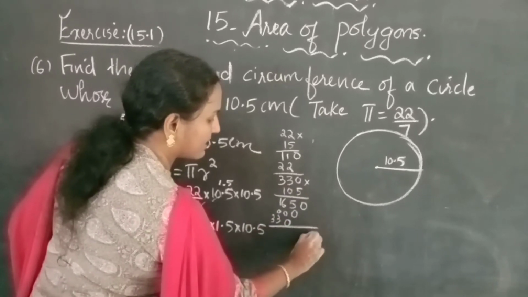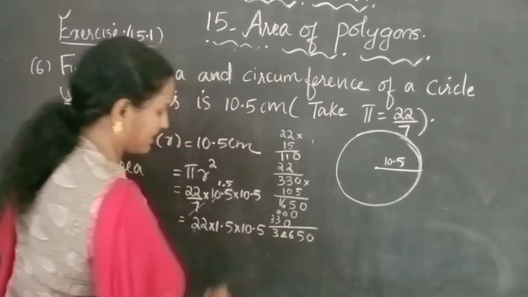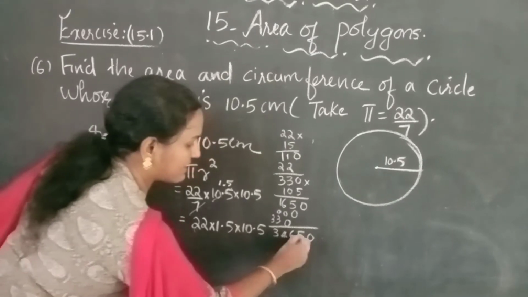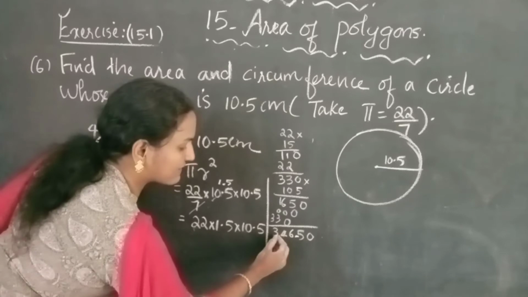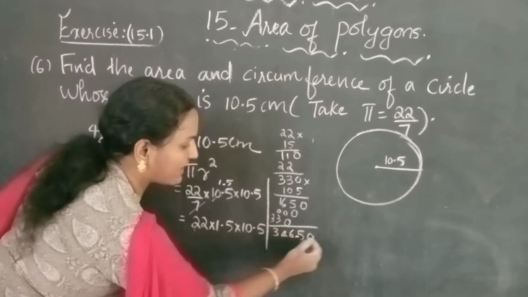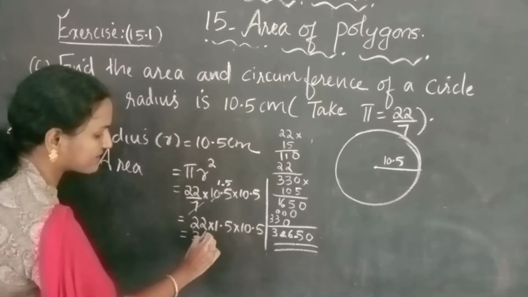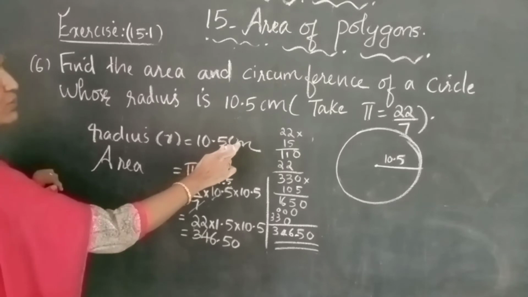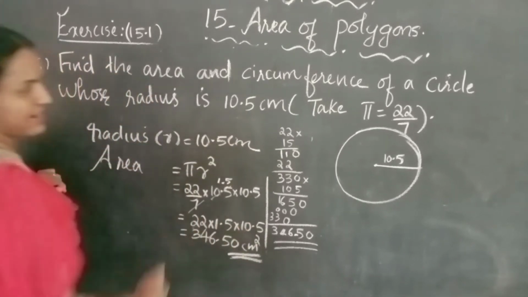Adding, we get 34650. 2 decimals are there, so we put 2 decimals. So 346.50. Here the unit is centimeter, so the area is centimeter square.